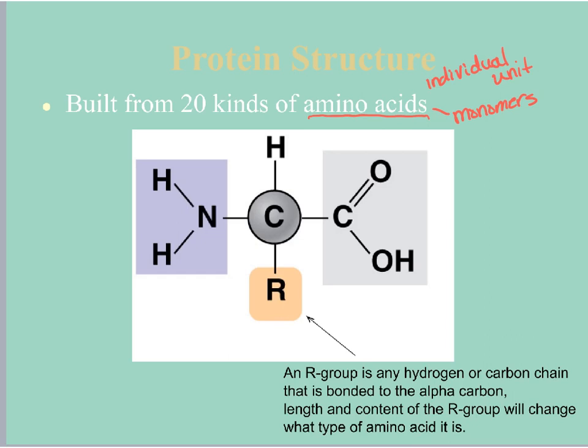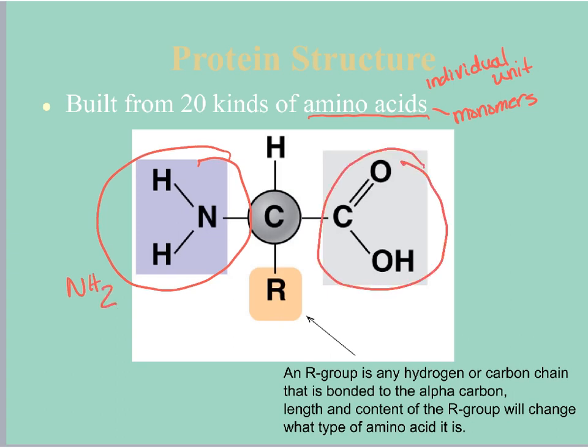So what you're looking at here is an example of just a generic amino acid and its structure. You'll have an amine group here. So you see that that's NH2. And then you'll have a carboxyl group here. Often that functional group is written as COOH.